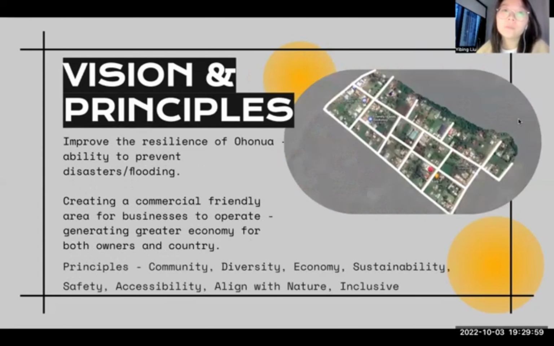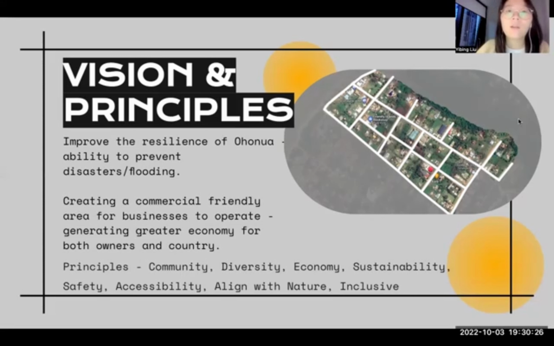So our group is focusing on improving the resilience of the site and building a more friendly space for commercial and business development. Our principles include economy and accessibility, which are associated with the development in the area. Also community and diversity and inclusion.